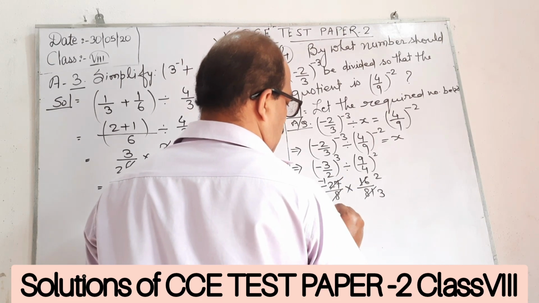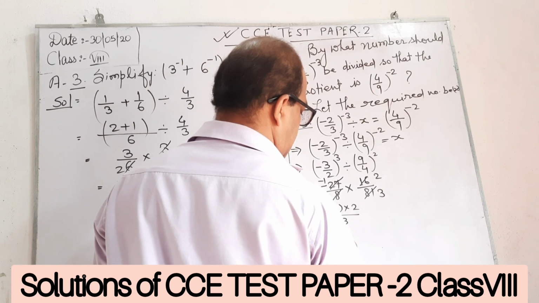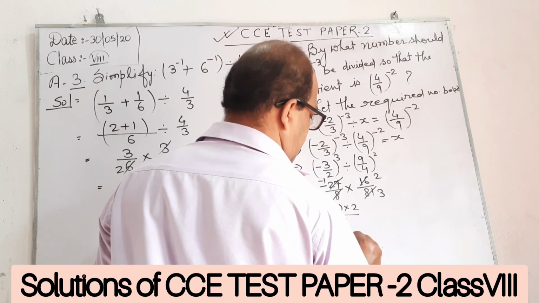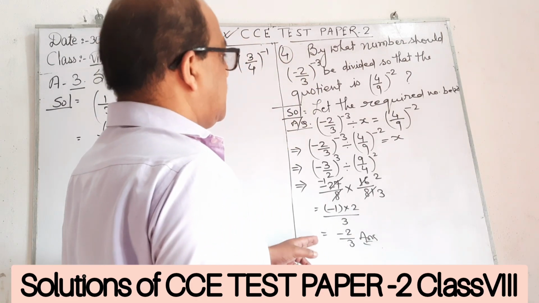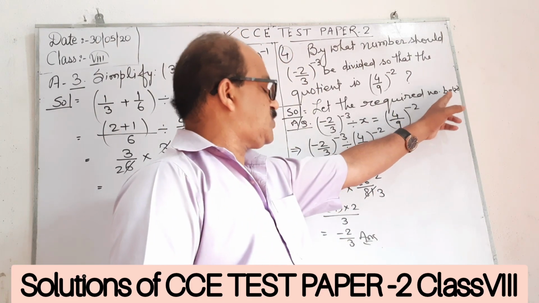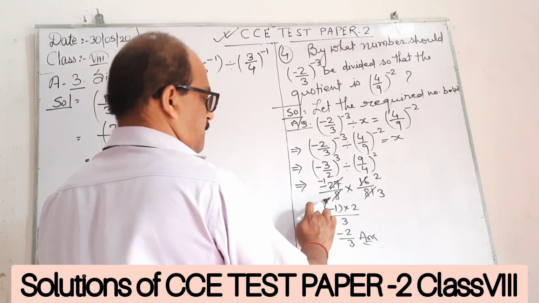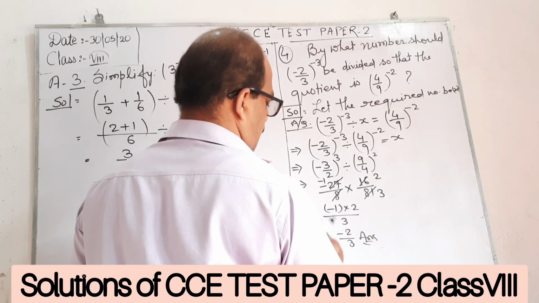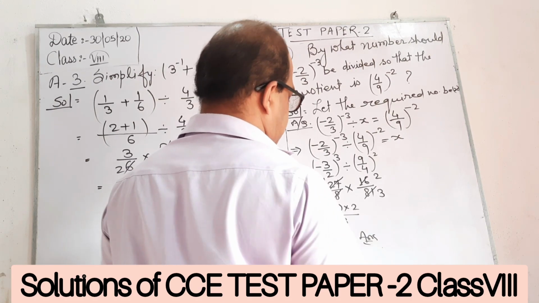So minus 1 into 2 by 3 is equal to minus 2 by 3. And this is the value of the required number x. So the value of x is equal to minus 2 by 3.